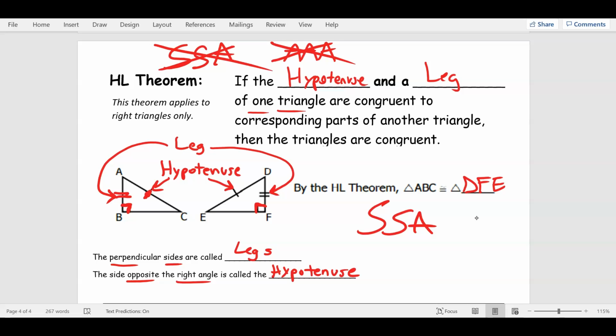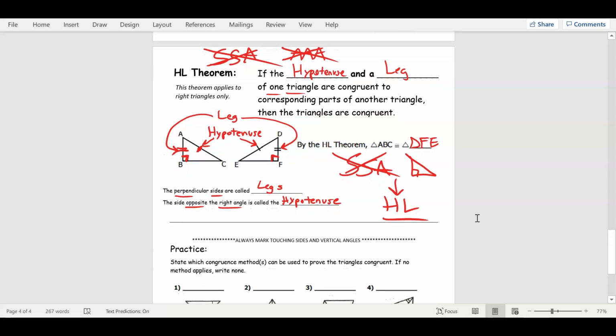Here's why. The only time angle side side works is if it's a right triangle, and if it's a right triangle, that means you call them a hypotenuse and a leg, okay? So again, if you find yourself tempted to write the booty word, don't do it. Just check if it has a right angle, and if it does, you're going to call it HL. Okay? Does everyone understand? No booty word, HL, if it's a right triangle.